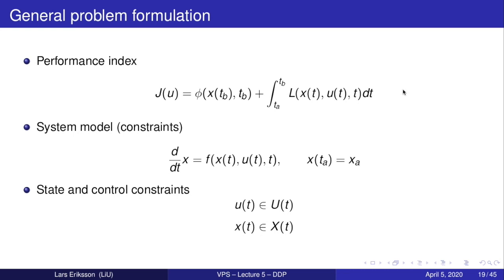In optimal control, the general problem formulation is as follows, where we have, similar to the fuel optimal control problem, an integral that can be something more general, but in our case it's very often total fuel consumed, or if you're looking at an electric vehicle, it's the total amount of energy consumed from the battery. Then we can also have a state of charge that's above a certain level.